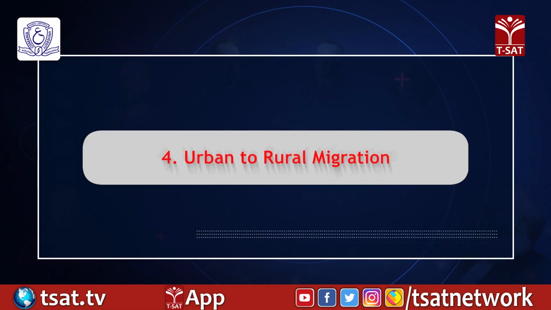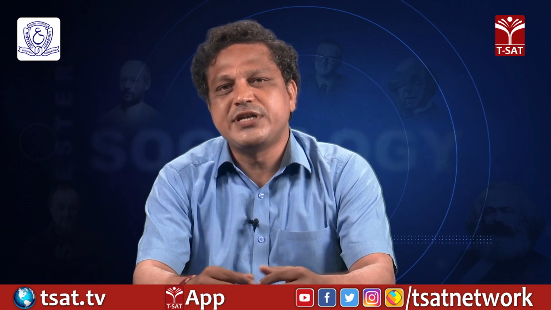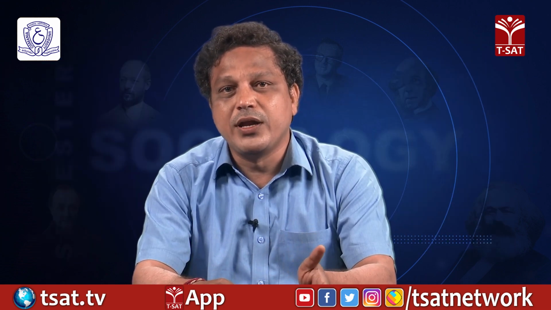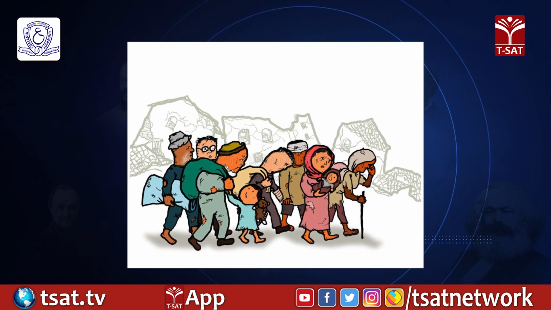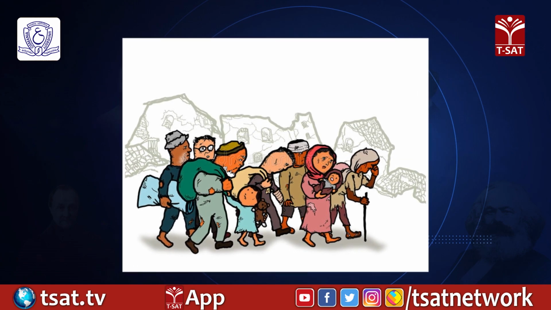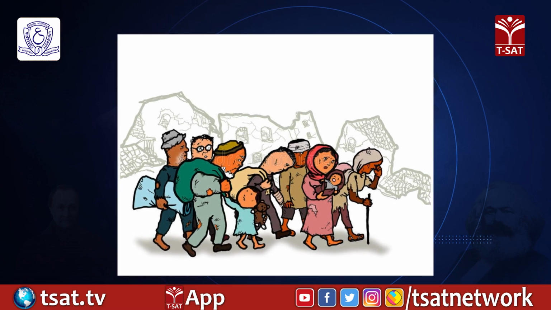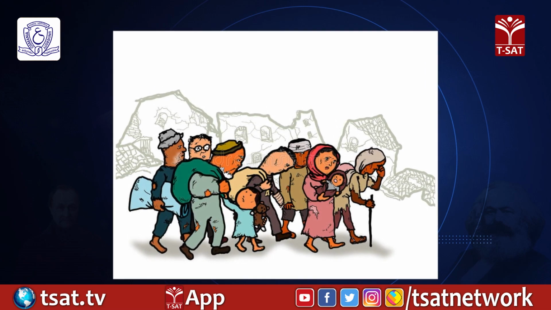The fourth type is urban to rural migration. This type of migration takes place from urban areas to rural areas. It does not take place commonly as the urban areas are well developed and economically well advanced.